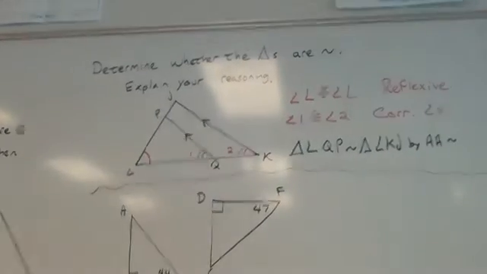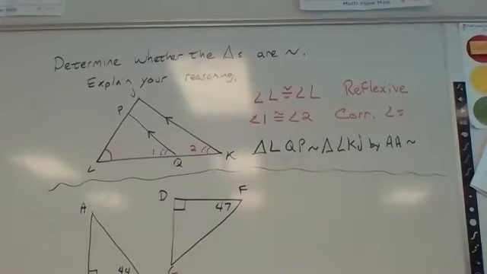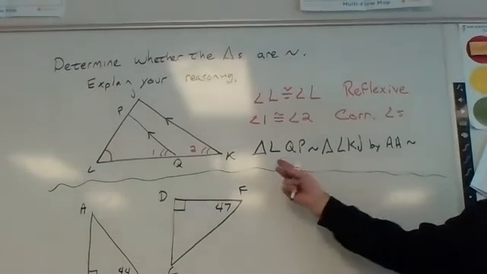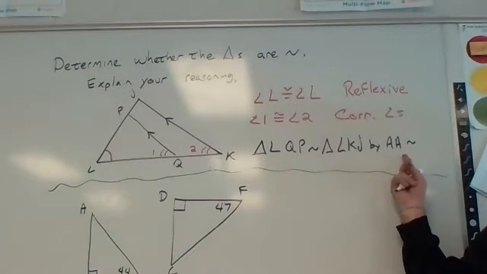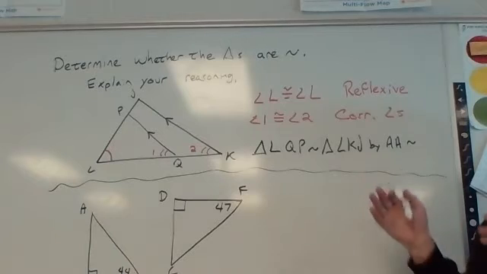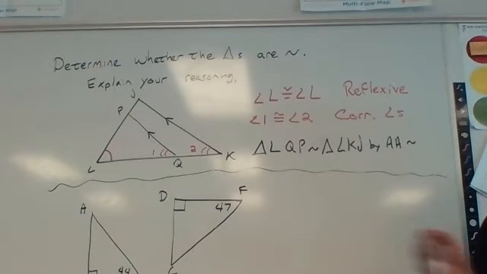You just have to explain how you know the angles are congruent, and then write this, which is called the similarity statement. It's always going to be by AA similarity today, unless the answer is no, they're not similar. Anytime the answer is yes, it's because of angle similarity, so your explanation needs to be how you know the angles.